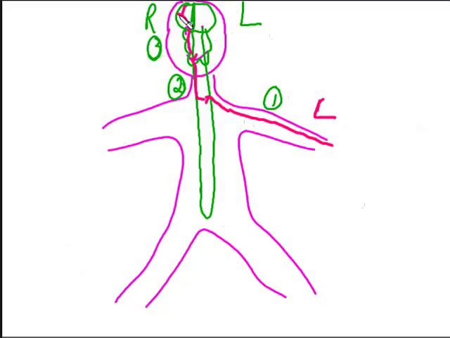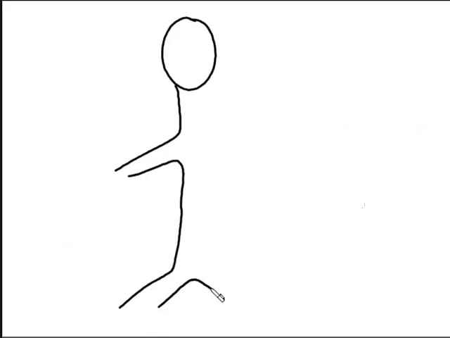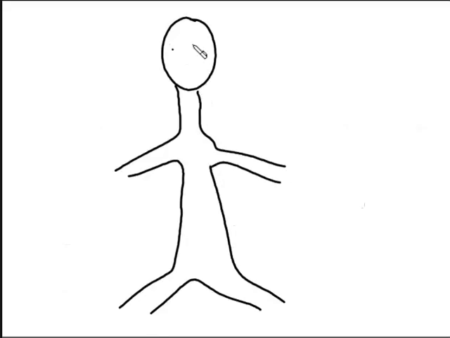Now let's look at the cerebellum. Let me take another drawing so that we don't get confused. Again, let's draw our little man up here, and we draw the brain.